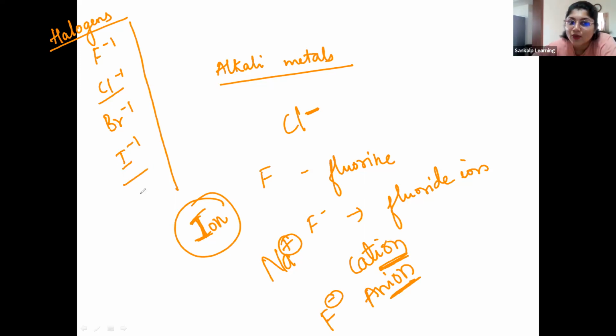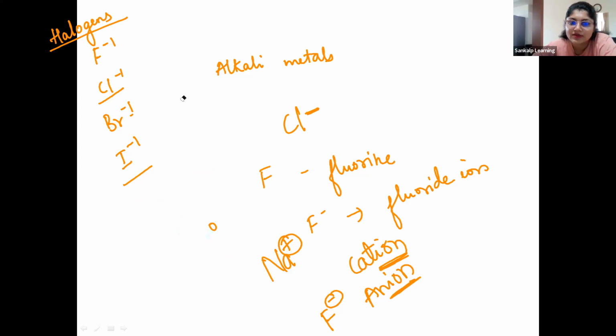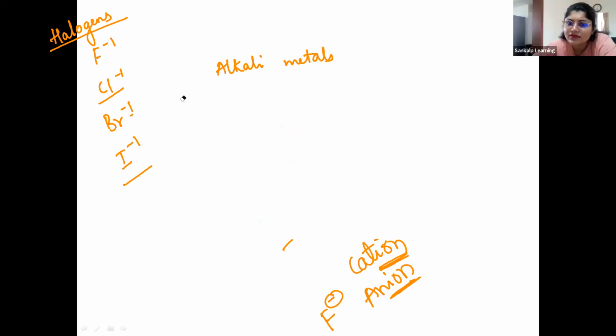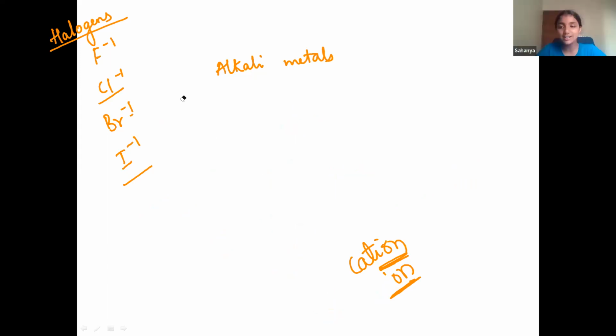This is iodide ion, this is bromide ion, chloride ion. So these are all the names. If there is a minus charge, it's called minus.